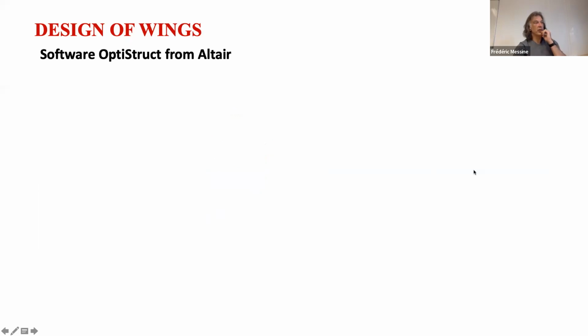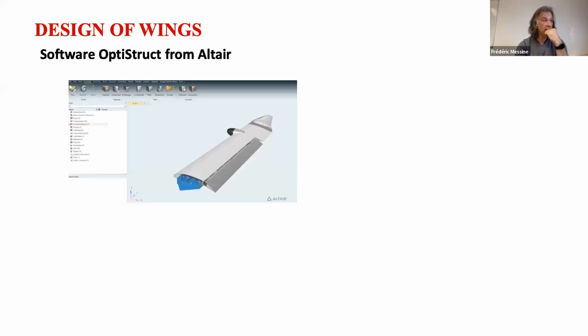Just to speak about software, OptiStruct is a very good software and widely used. It was used to design the motorbike, and I think also the car that I showed before. It's mainly used by Airbus and Boeing also to design some parts of the wings.